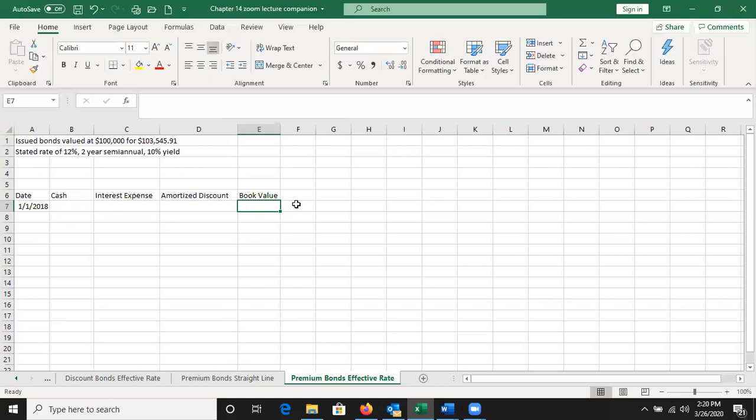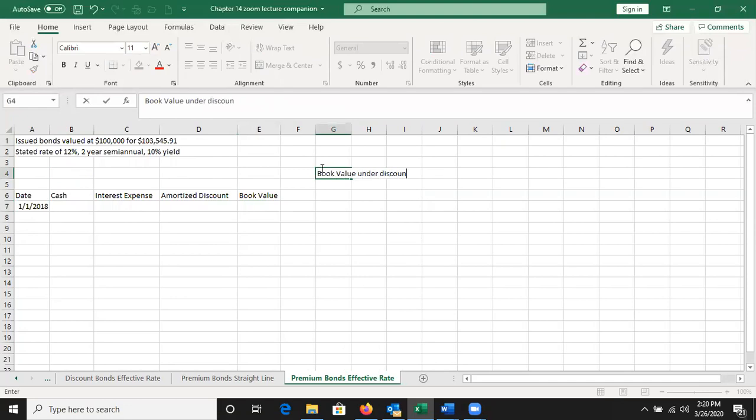Now again, when it comes to premium bonds, I should put this book value under discount bonds: it is equal to the face value minus the current discount on bond payable value.